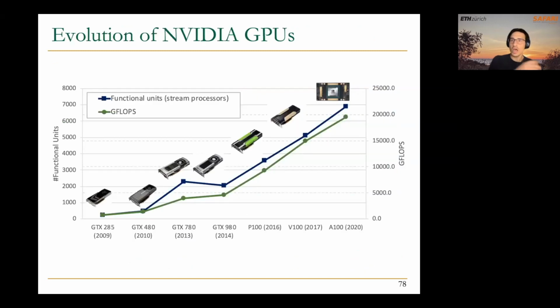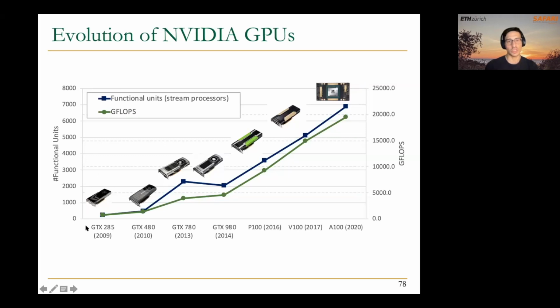Okay, so we have more or less given an introduction to the architecture of SIMD processors and GPUs. We have seen how, in the last 12 to 15 years, GPUs have evolved at a very fast pace, and the number of functional units and the throughput in gigaflops has increased by an order of magnitude since the G80, also called Tesla architecture, from 2006, 2007.